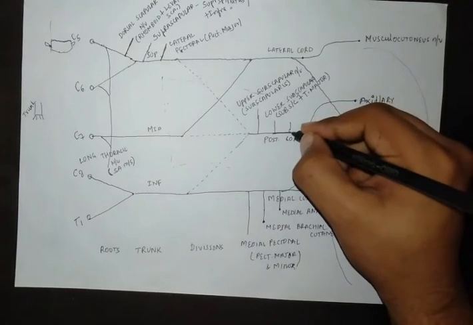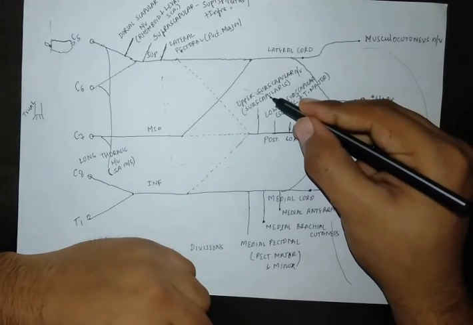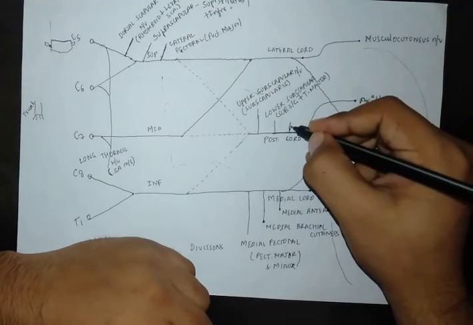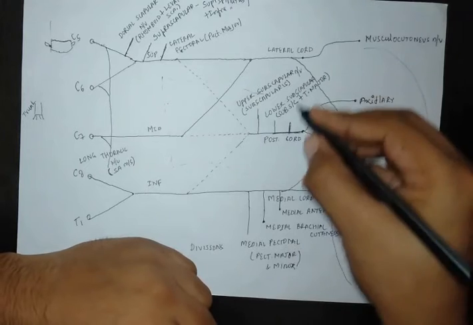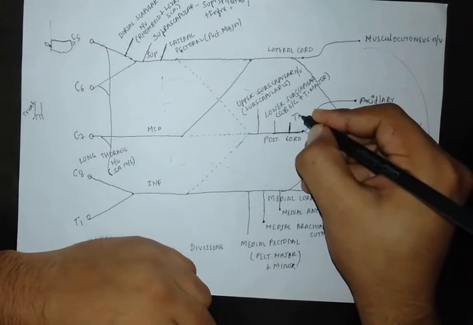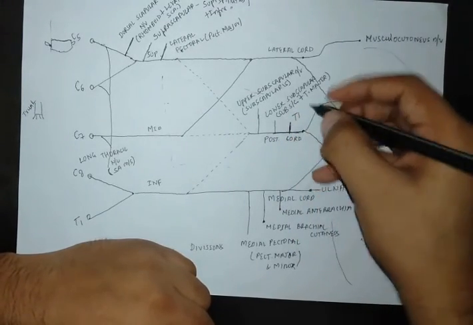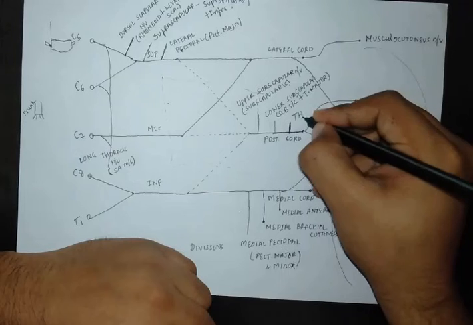Now after supplying the anterior region of the scapula, there is another nerve which supplies the anterior region of thorax. Sorry, not the anterior region of thorax. It supplies the dorsal region of thorax.